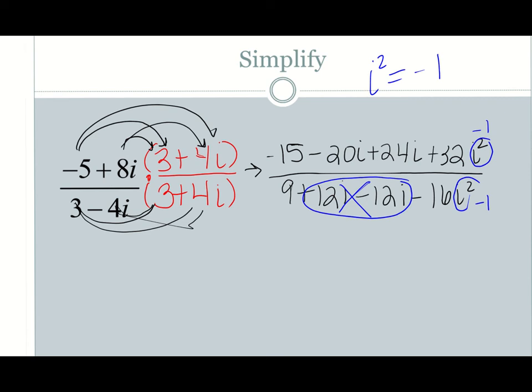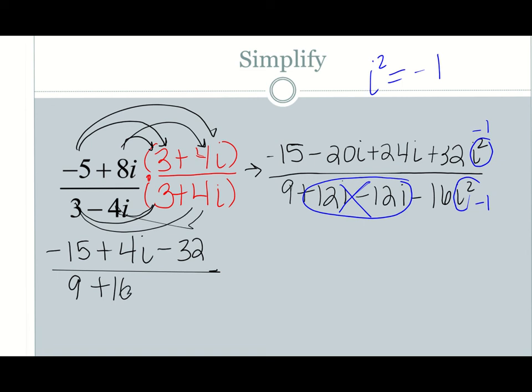So if we go through and we simplify, we have negative 15, negative 20i plus 24i is going to give us a positive 4i. And then 32 times negative 1 is negative 32. In our denominator, we have 9. And then we have negative 16 times negative 1, which is going to give us a positive 16.